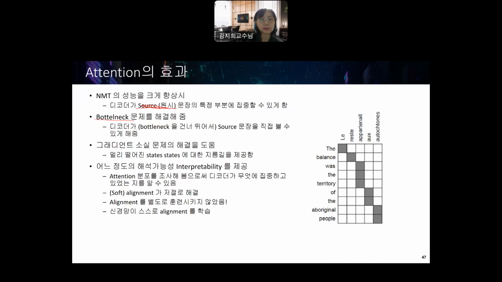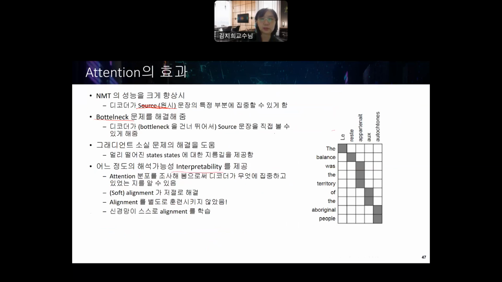The gradient issue: if you have multiplications, then the values may disappear if the value is less than 1. But since we're looking at all states, we still keep the information. That's the important part. We can look at the earlier parts of the sentences, and also it provides interpretability.